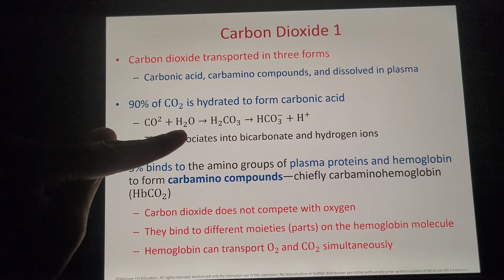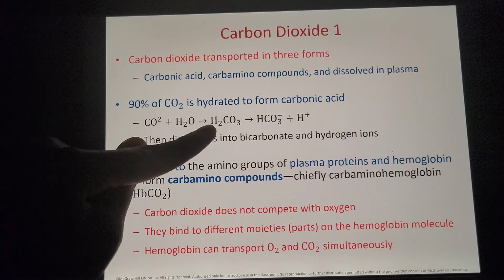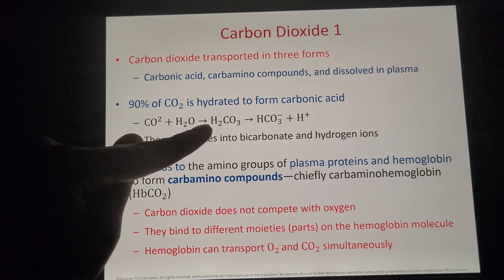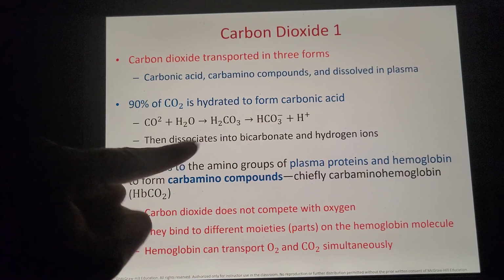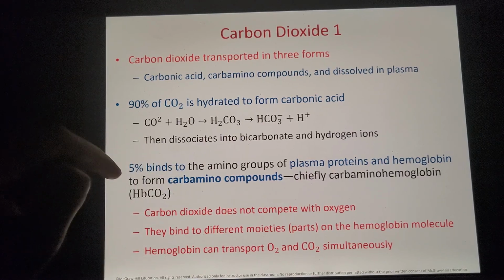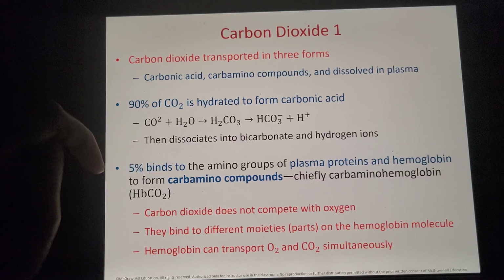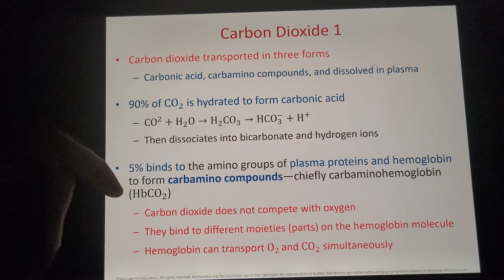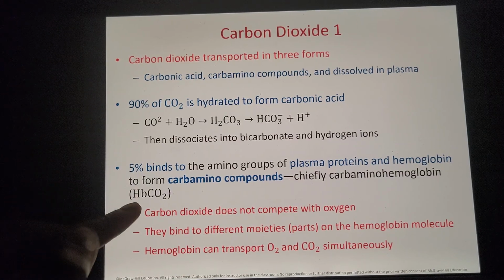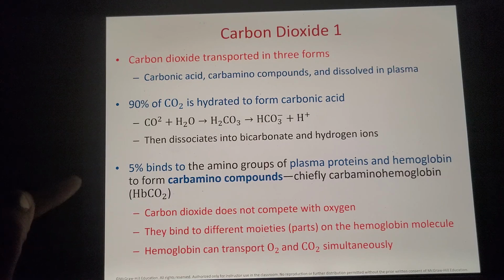It's going to dissolve in water. That's going to form carbonic acid. That carbonic acid is then going to dissociate into bicarbonate and hydrogen ions. And then again, the rest of it is on proteins as well, which include our hemoglobin. That's what they're showing here, the hemoglobin with carbon dioxide attached to it.